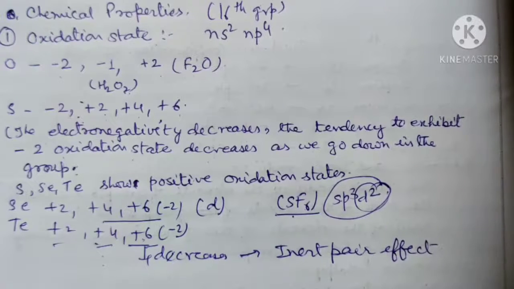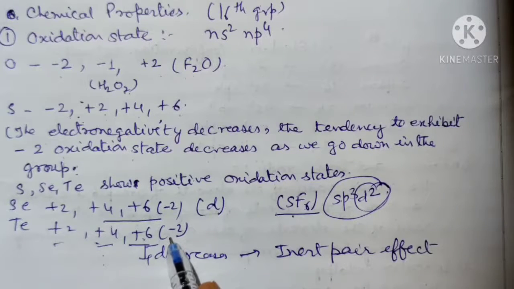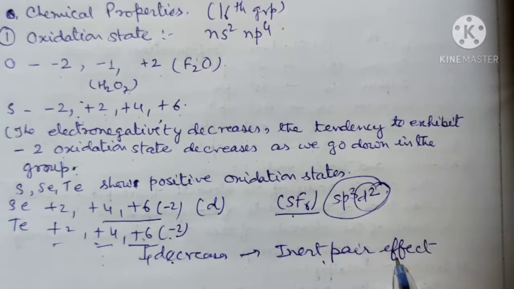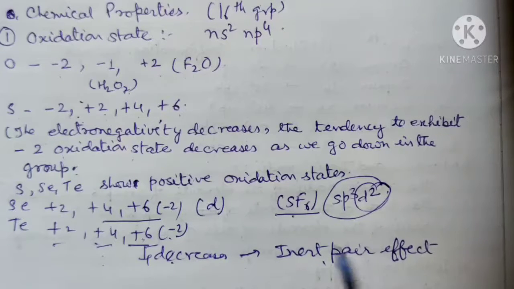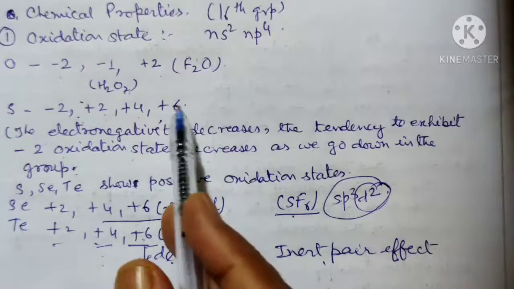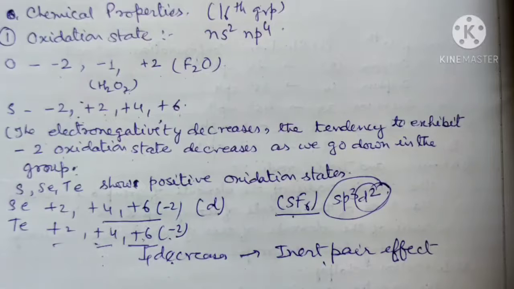Sulfur forms compounds mostly in the +6 oxidation state, but as you come downward, the stability of the +6 oxidation state decreases, and we can explain that on the basis of the inert pair effect.